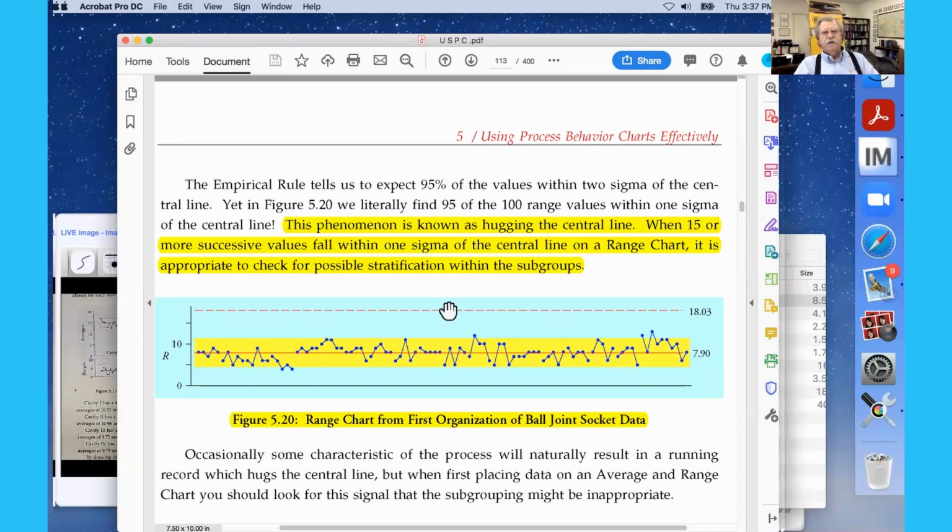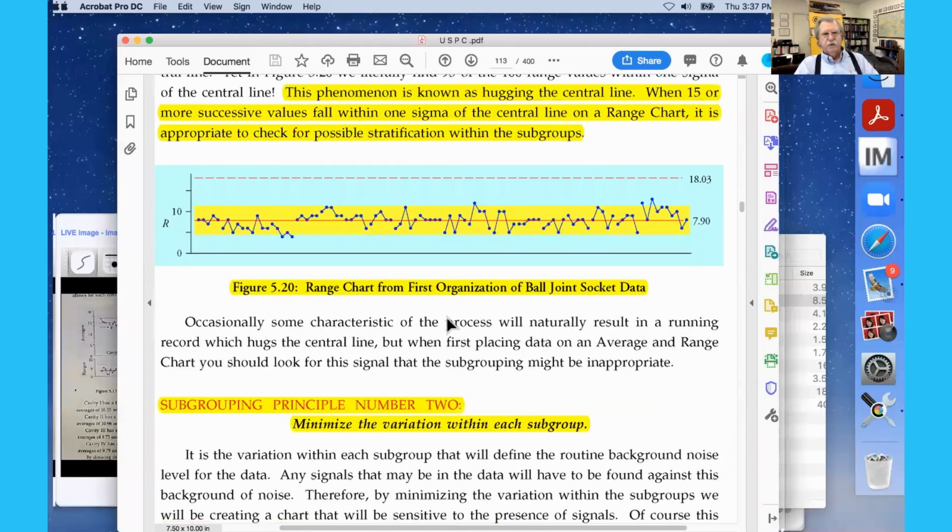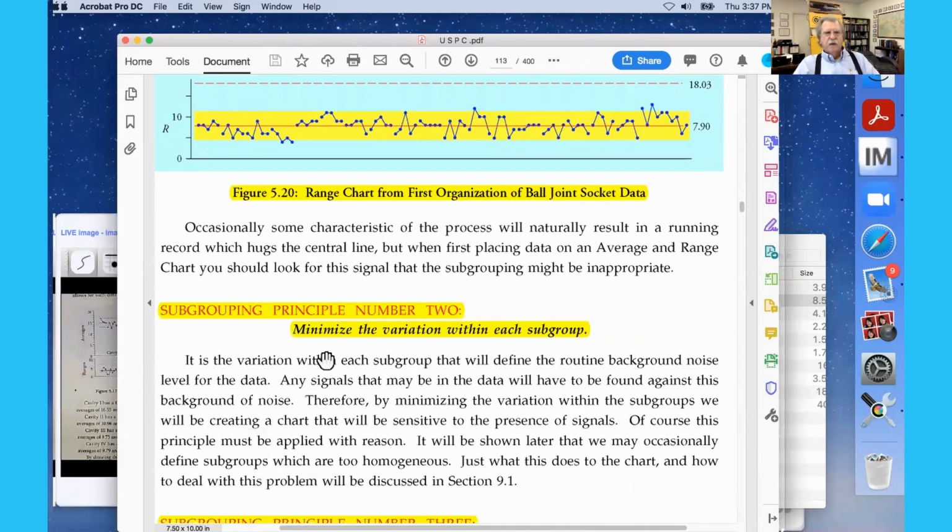So, subgrouping principle number 2, minimize the variation within each subgroup. It's the variation inside the subgroups that creates the estimate of routine variation that you use to filter out the noise.